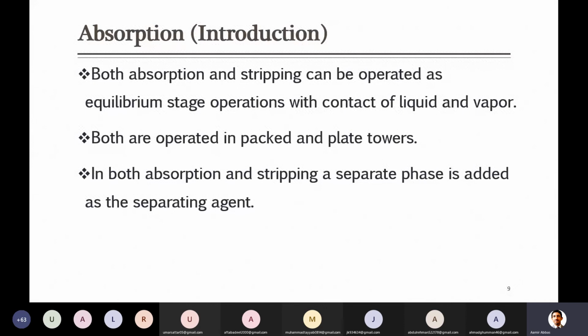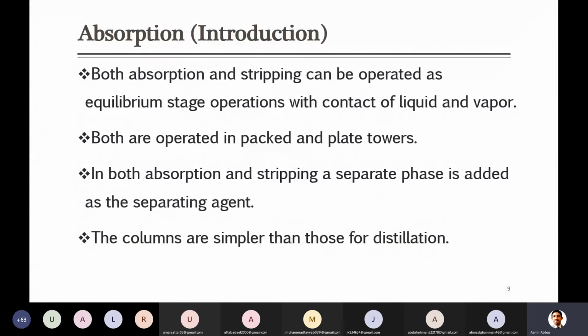So that is one difference: you have to introduce some mass separating agent. Because of this, the column used for absorption and stripping is simpler as compared to distillation.